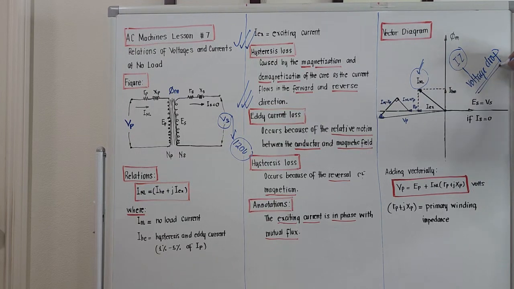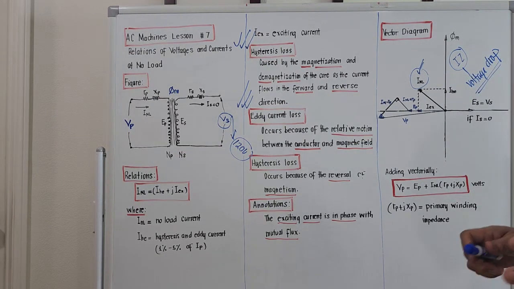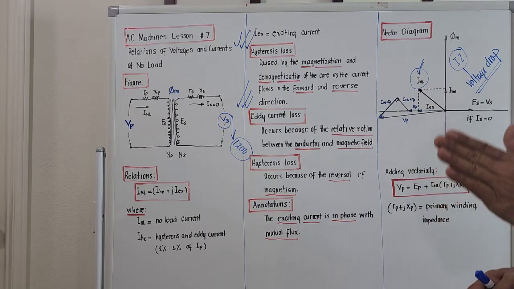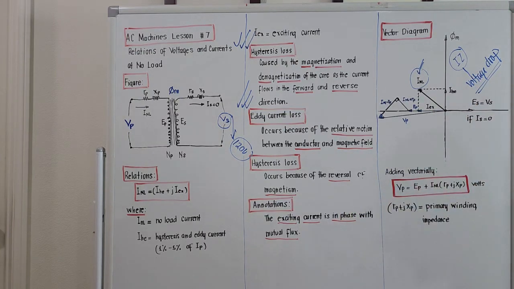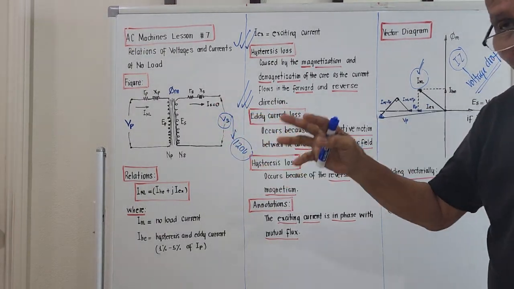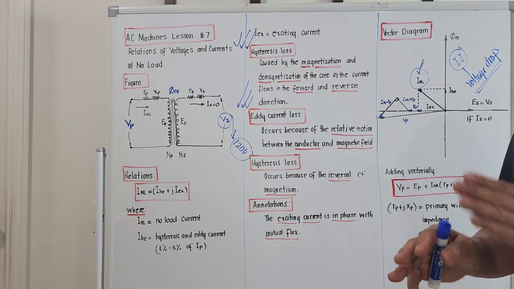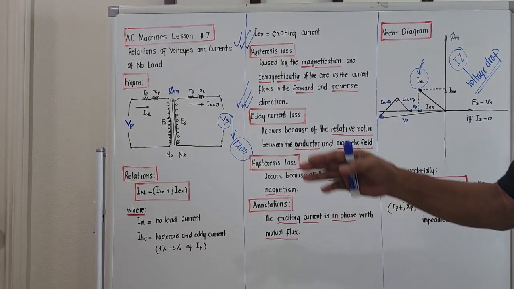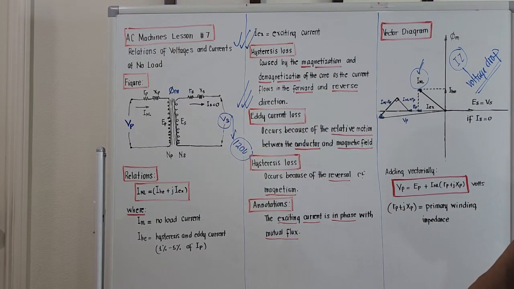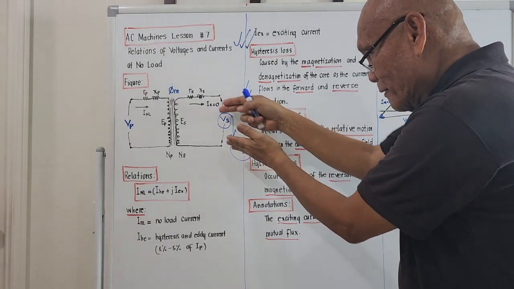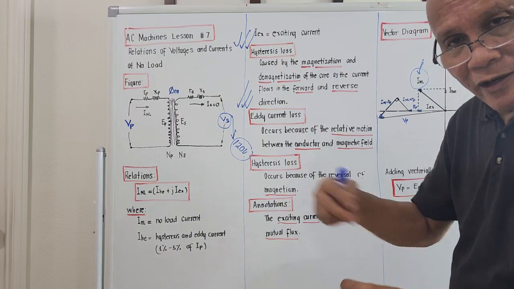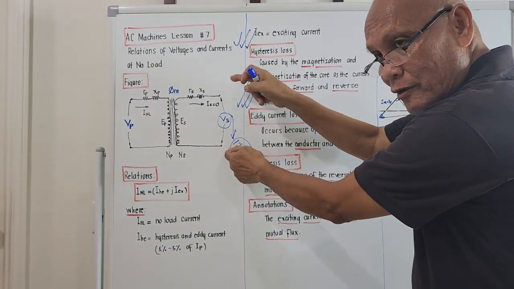Voltage drop is very important in power generation or voltage generation. If you don't compensate for the voltage drop, there will be a problem with the output voltage of the secondary. If you do not compensate, maybe the efficiency of California Edison might not be high, because if you plug in your motor over here, it will not turn at the correct RPM because the voltage coming out is very low.